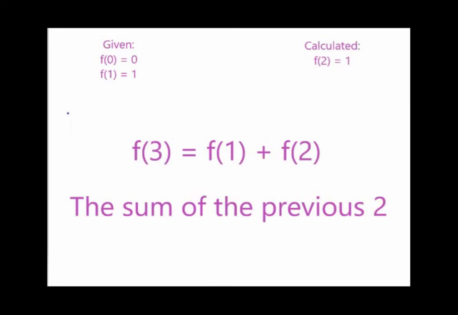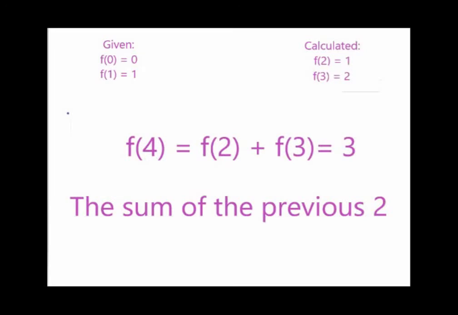To calculate f of 3, we again take the sum of the previous two. But this time the previous two have changed. They are f of 1 and f of 2. So f of 3 is equal to 1 plus 1, which is 2.